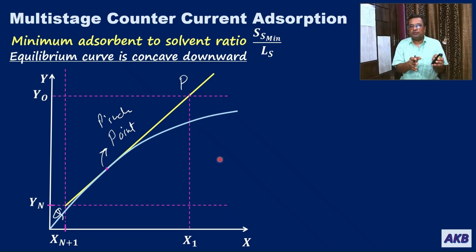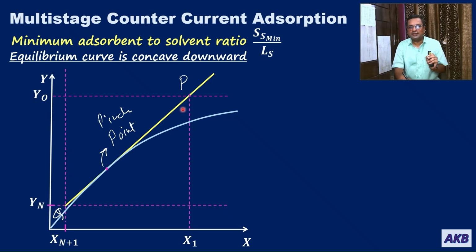So depending on whether the equilibrium curve is a straight line, concave upward or concave downward, the location of the pinch point will change. So the nature of the equilibrium curve is important in this case. All you have to do is draw the line that is touching the equilibrium curve and has the largest slope.